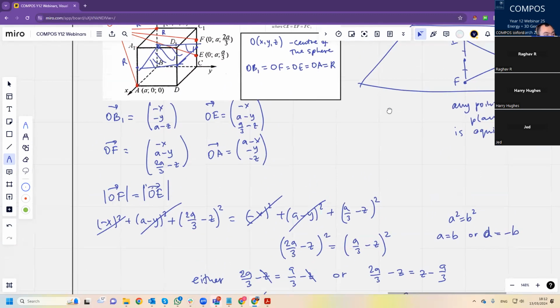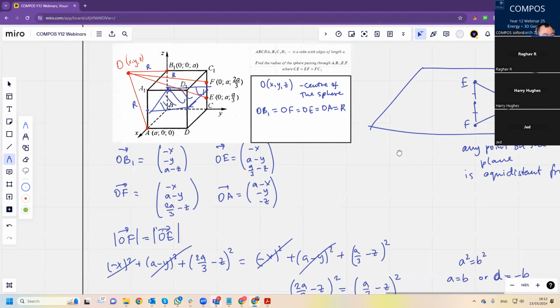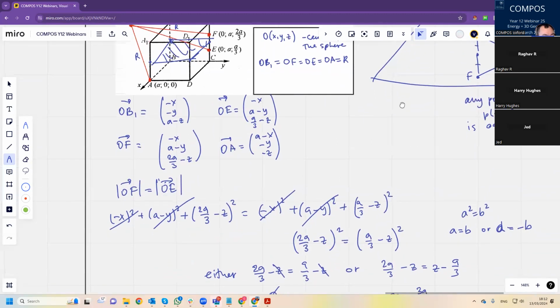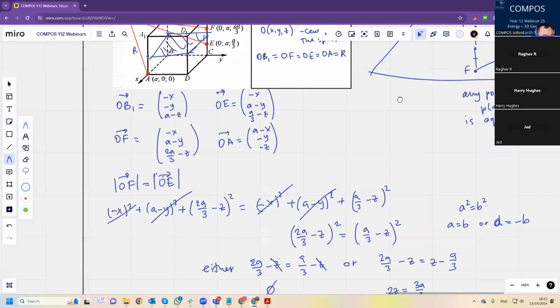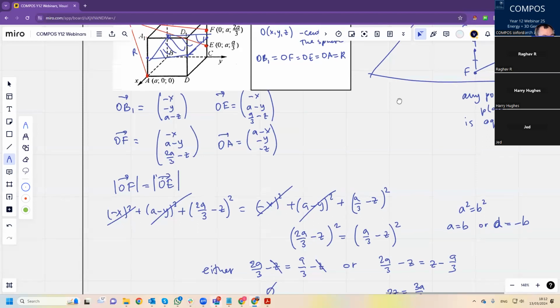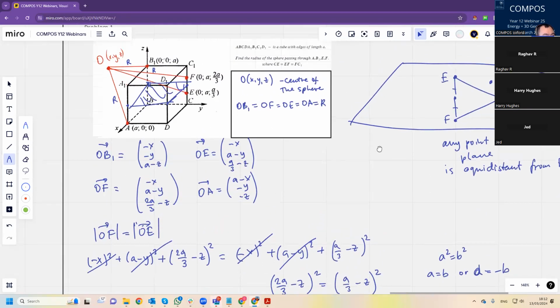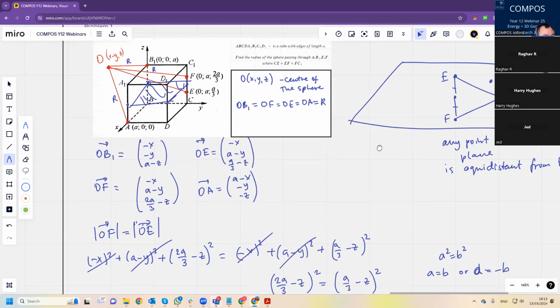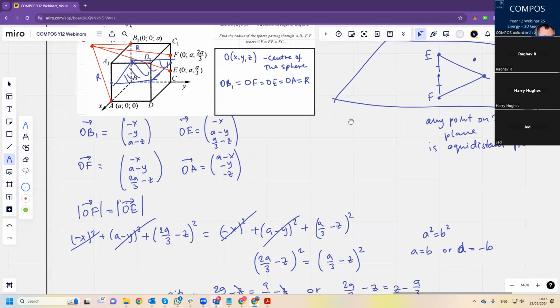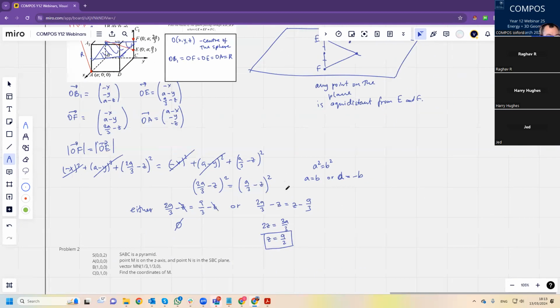That's very nice. Can we find x somehow? Let's see if we can make OA and OB1 equal. Yeah, OA and OB1, that works. So now we take OA equals OB1, of course.